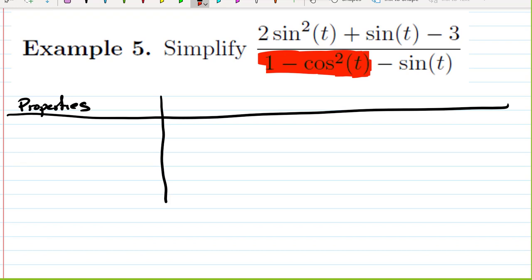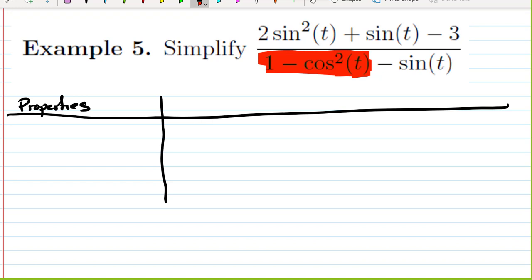So overall, when we look at this rational trigonometric function, we notice it has a sine squared t plus sine t minus 3, and then a 1 minus cosine squared t minus sine t. This expression has almost exclusively sine functions.